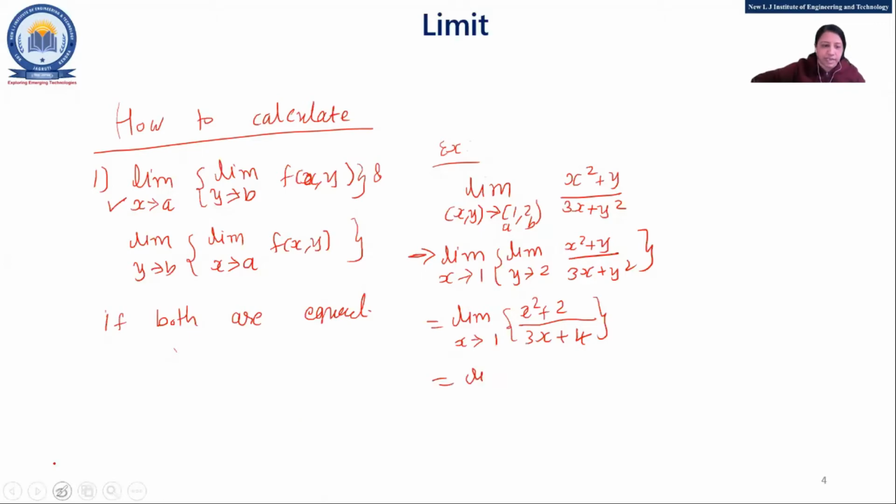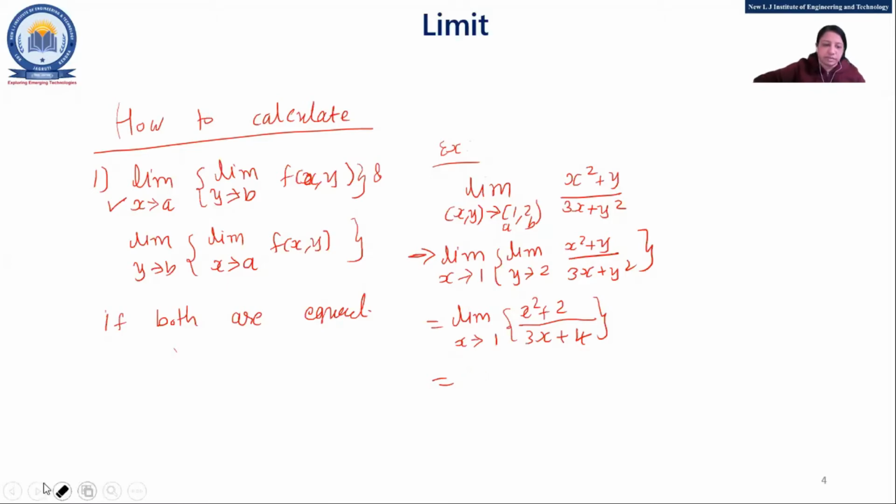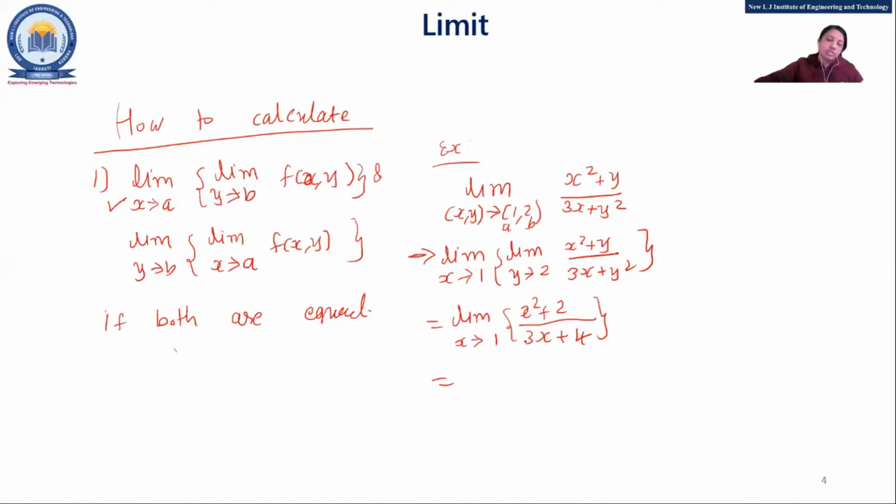If we put x equal to 1, what will be the answer here? What is the answer? x equal to 1. So obviously it is 3 upon 3 plus 4, so 7. So 3 by 7. Yes. Now another way.